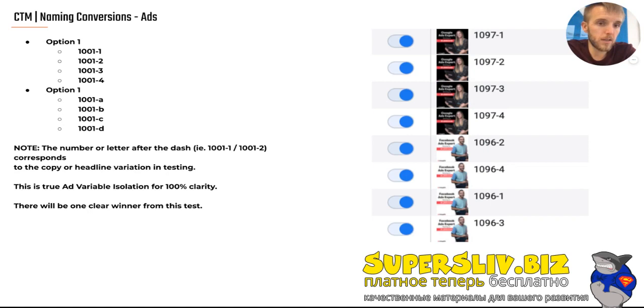When you're running these really large, broad audiences in your testing, let's say, for example, a 10% purchase audience, somebody within that audience might want to lose weight, while the other person might just want to gain muscle, right?